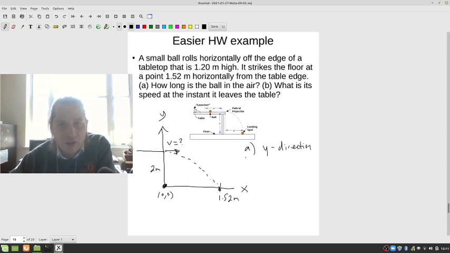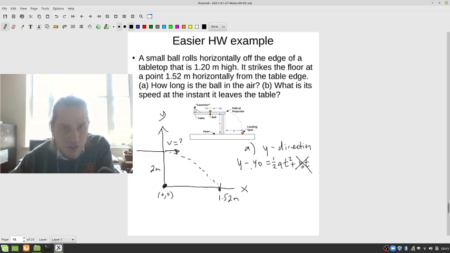You could go, for instance, y minus y naught equals 1/2 a t squared plus v naught t. The initial velocity in the y direction is 0, so that term goes away.